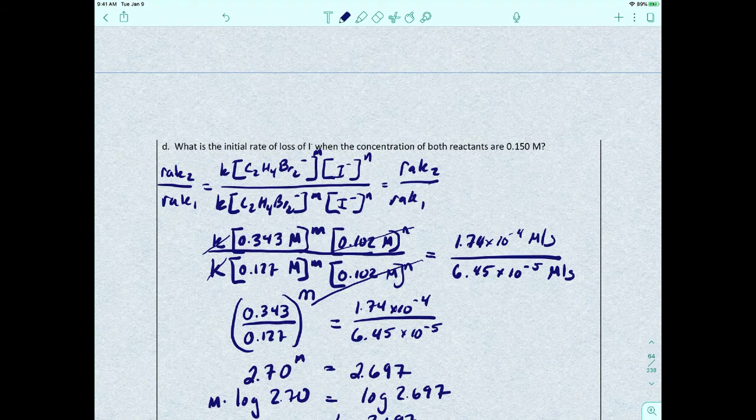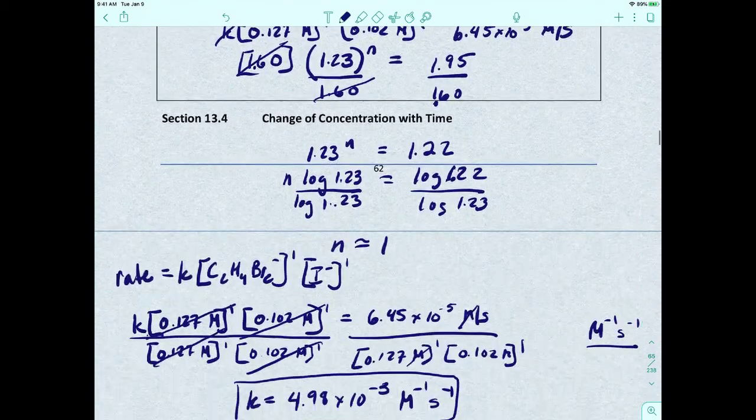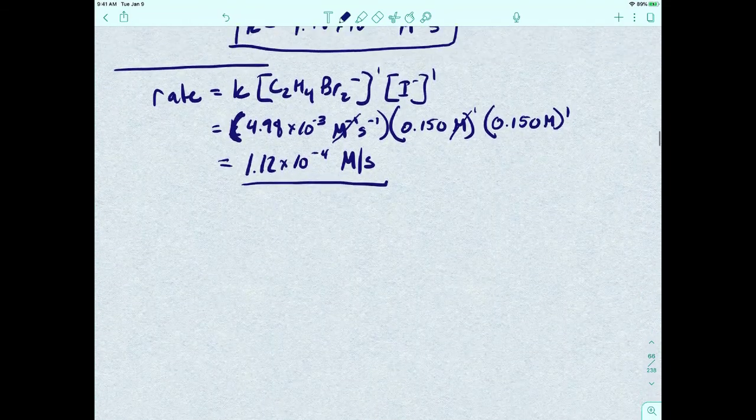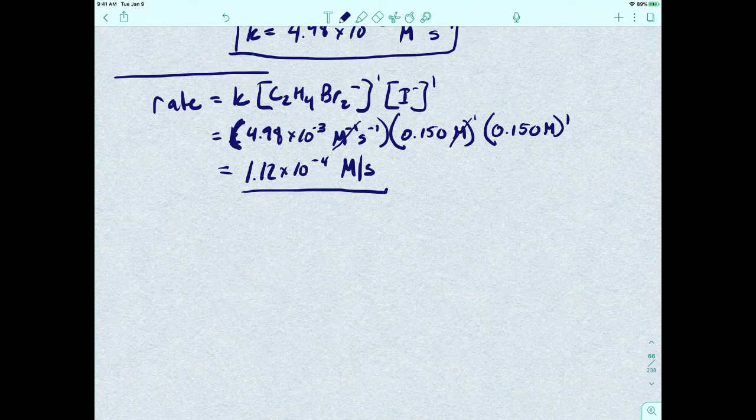All right, and then finally, the last question, and that was our part D question up here. What is the initial rate of loss of I minus when the concentrations of both reactants are 0.150? Well, wait. The way that we just answered this was the rate of formation of I3 minus, which is one of your products. So that should be a positive value.